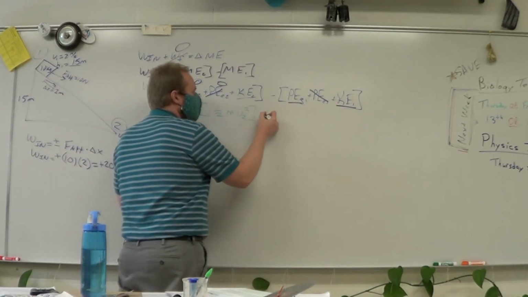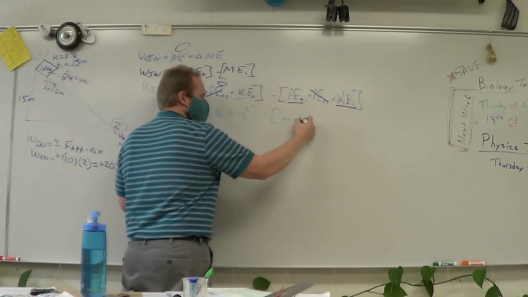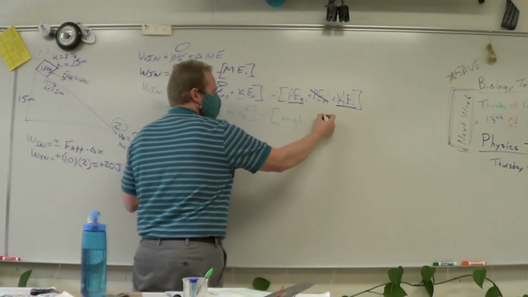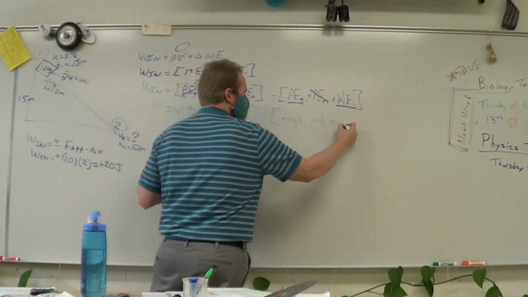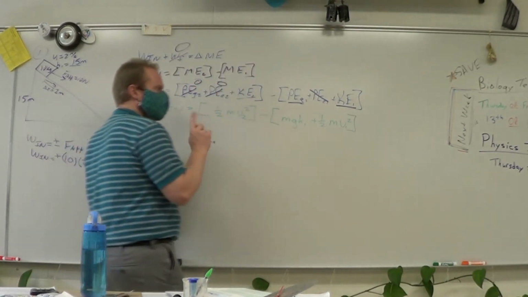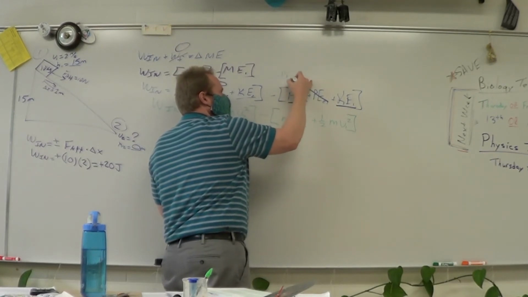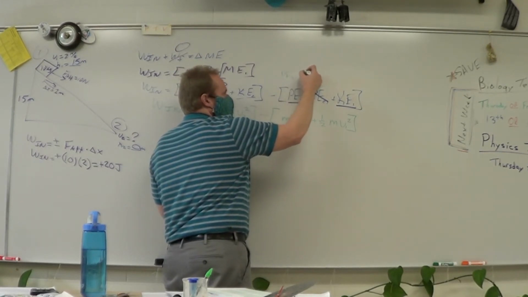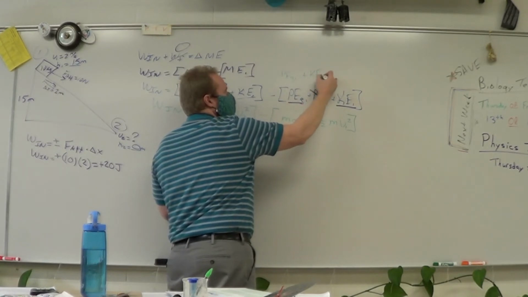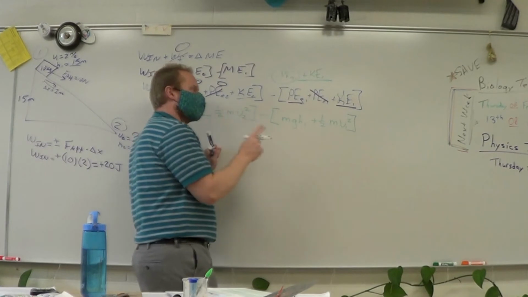Then that's going to be minus, notice I'm using brackets here, m times g times h1 plus 1/2 m v1 squared. If you didn't use brackets and you just plugged in numbers, you would subtract this, but then you would be adding kinetic energy, and that's not what this is.